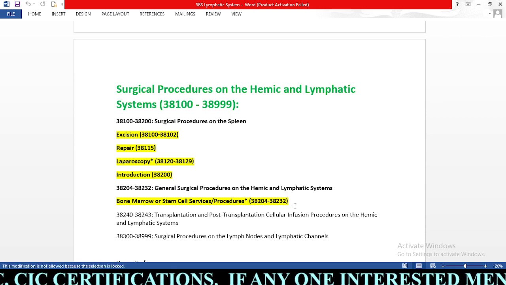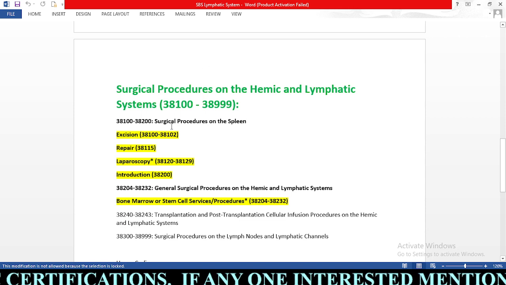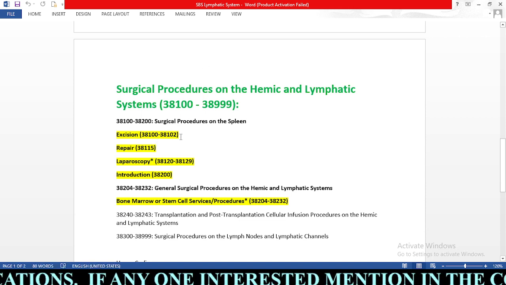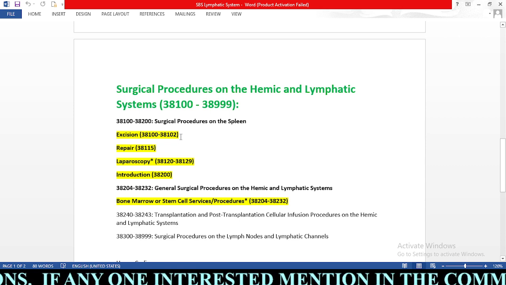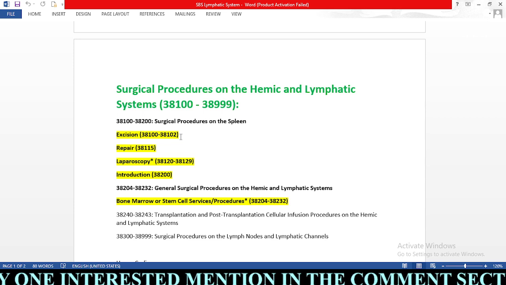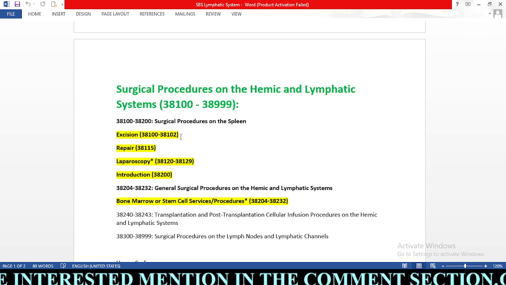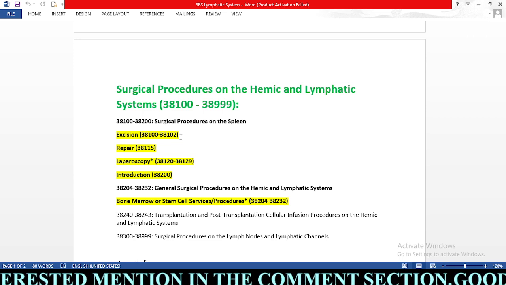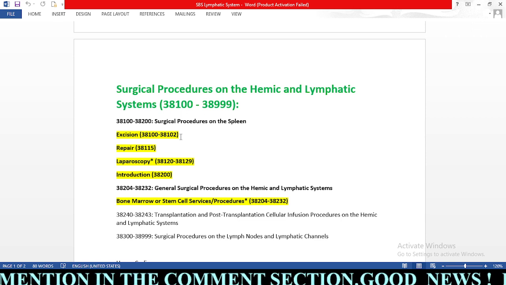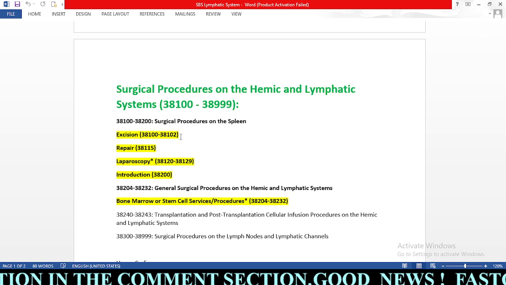So what is included in the excision section? 38100 to 38102. The codes 38100 to 38102 include splenectomy. Splenectomy means removal of the complete spleen, 38101 is partial spleen, and 38102 is total or en bloc for extensive disease.